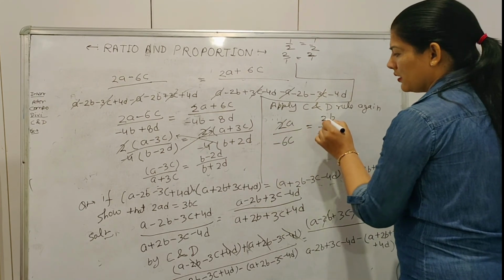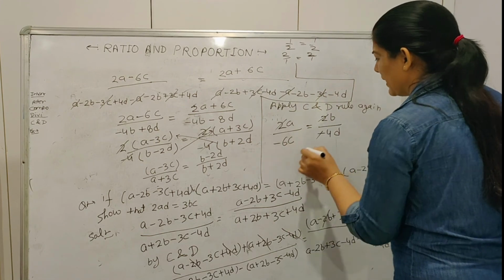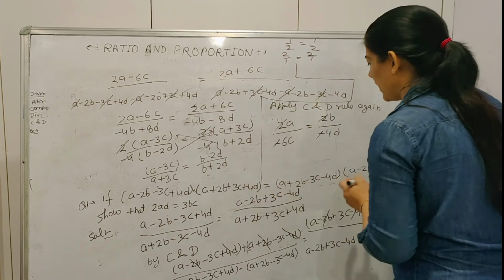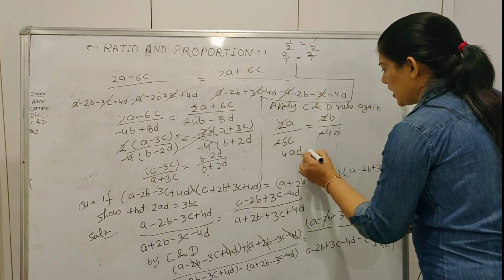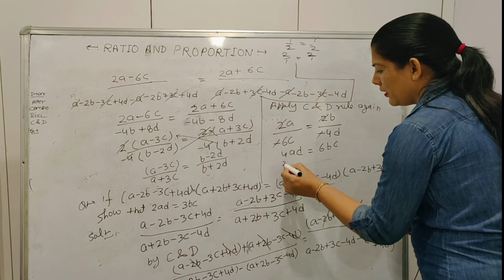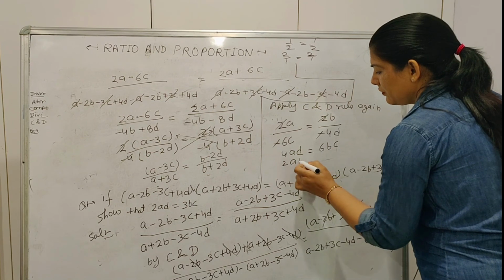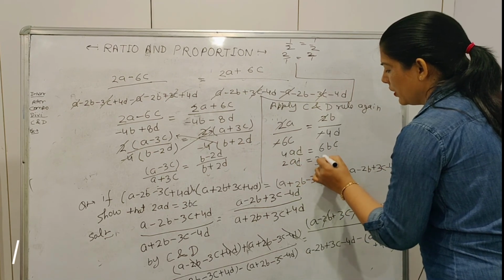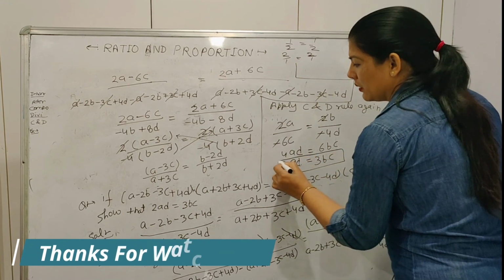Here again 2 is cancelled by 2 and the minus sign is cancelled by the minus sign. Now cross product, 4ad is equal to 6bc, and 2 is common here, so it gives you 2ad is equal to 3bc. Proved?